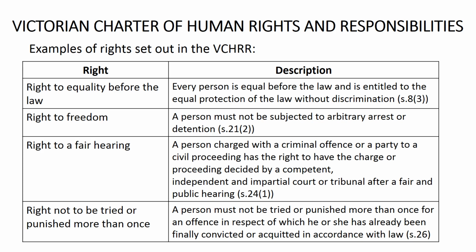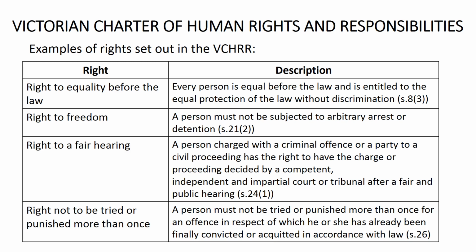So this is a right which underlies our criminal and civil justice system, in the sense that ultimately we all have the right to have our case decided by an independent and impartial court or tribunal after a fair and public hearing.